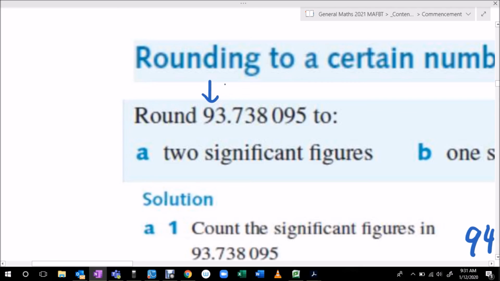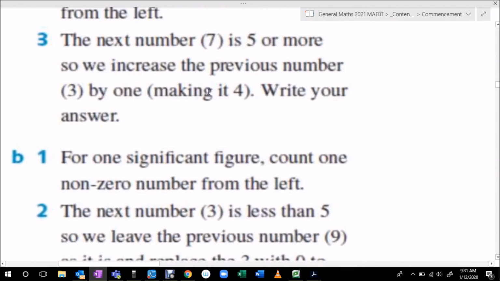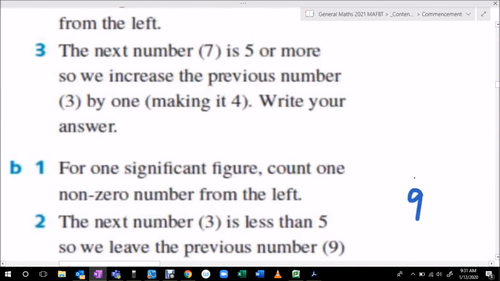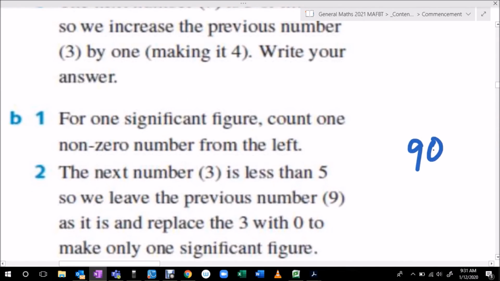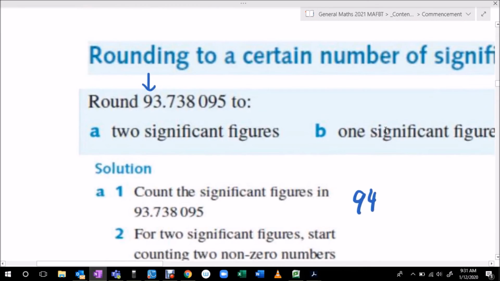If I only represent one number, it would be 9, and the rest become 0. So you're left with 90. Don't leave it as just 9, make it 90.